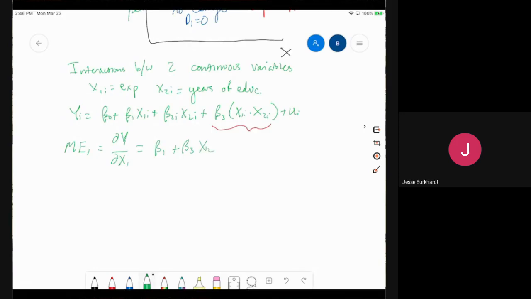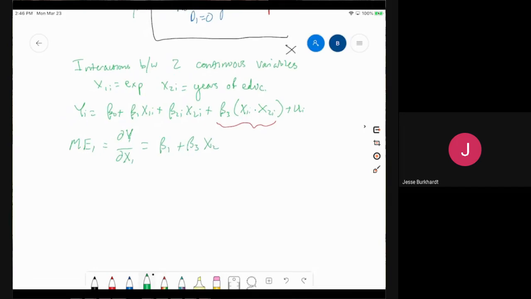In other words, the effect of experience depends on the level of education, and the marginal effect of education, dy dx2, depends on, that should be, depends on the level of experience.